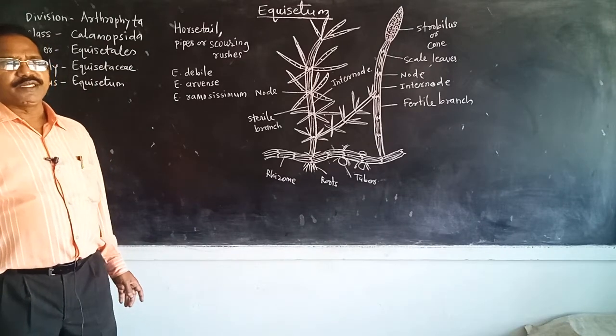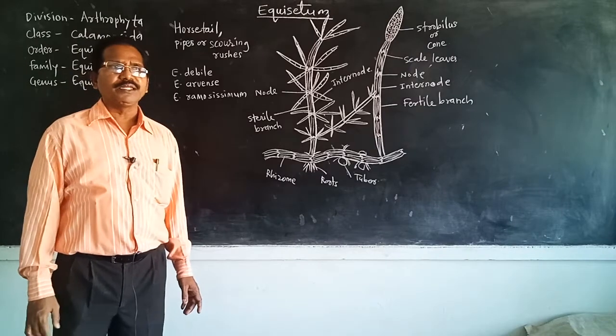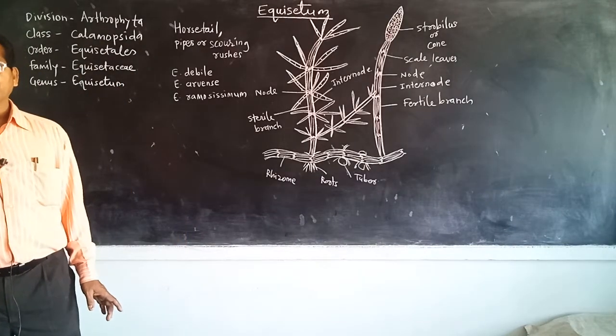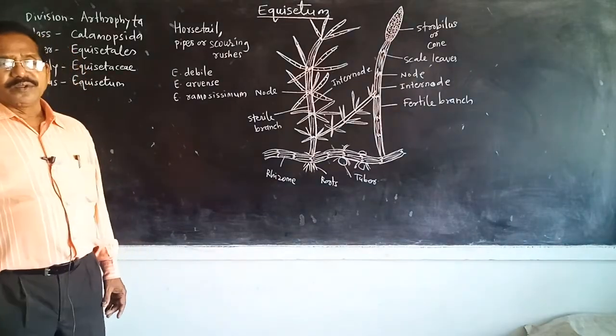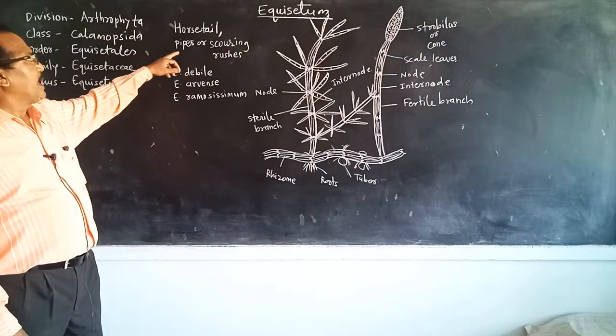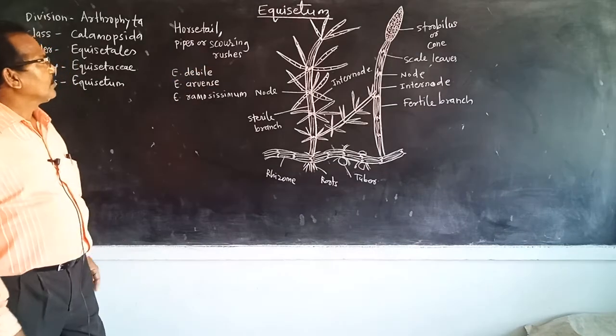In case of bryophytes, the gametophytic phase is the dominant phase, while the sporophytic phase is short-lived. Equisetum is also called horse-tail, pipes or scouring rushes.